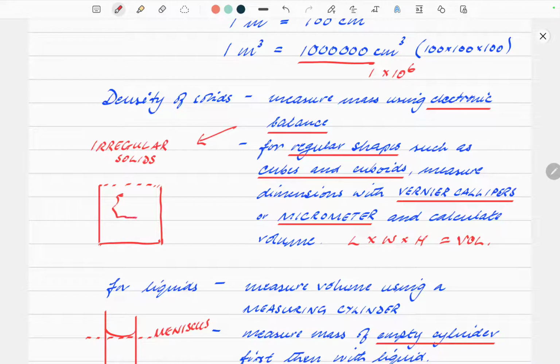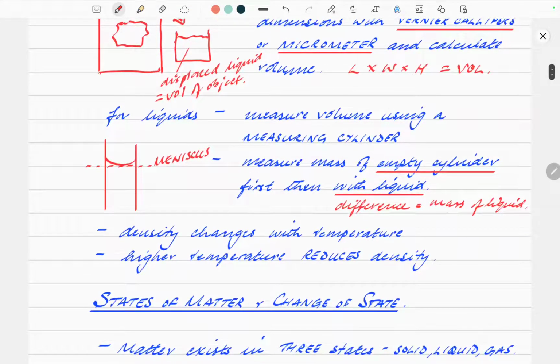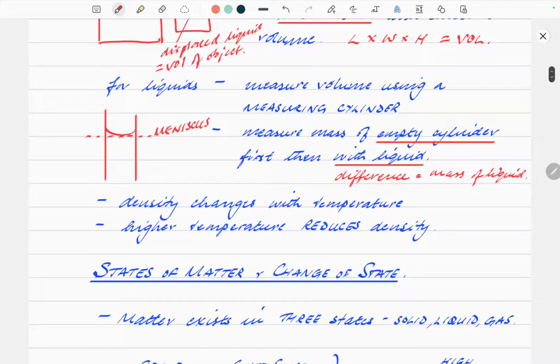Then you immerse your odd-shaped object in there, and an amount of water is going to be displaced. That will tell you the volume. So displaced liquid equals volume of object. Hopefully that covers that. Moving on.